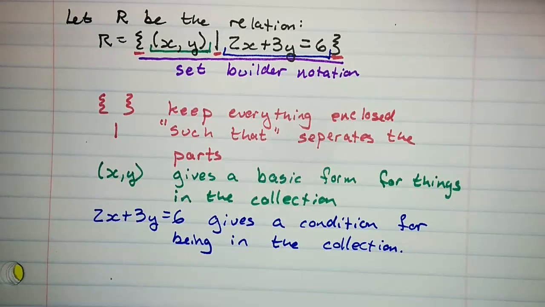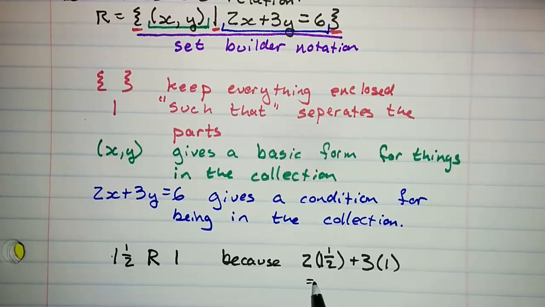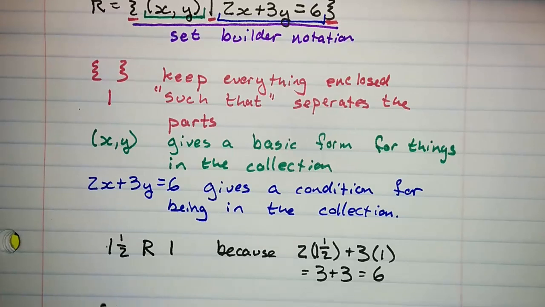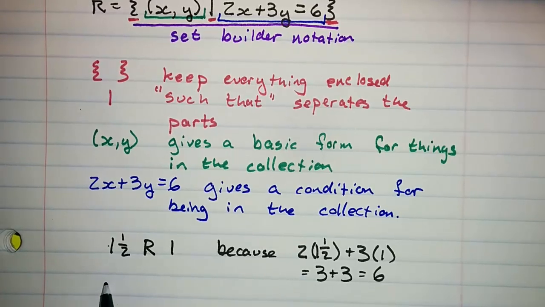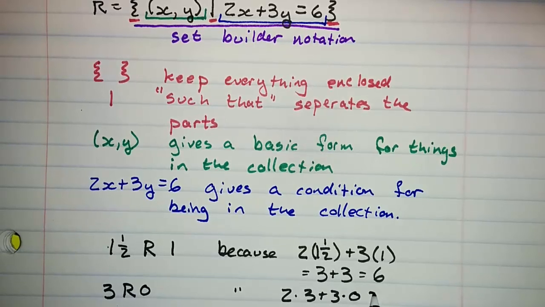So, for example, 1.5 is related to 1, because if we take 2 times 1.5 plus 3 times 1, well, that's 3 plus 3, which is 6. We also could say, for example, 3 is related to 0, because 2 times 3 plus 3 times 0 works out to 6, and so on.